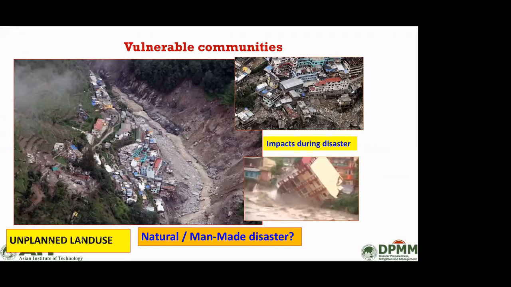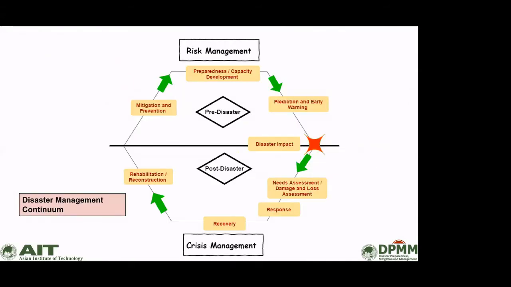Nobody says you put your house or construct your house inside the river or on very critical slopes or in a very vulnerable location. Nobody has asked that, and these houses were constructed on the floodplains. So anytime any type of excess water flow comes, definitely it will be inundated.